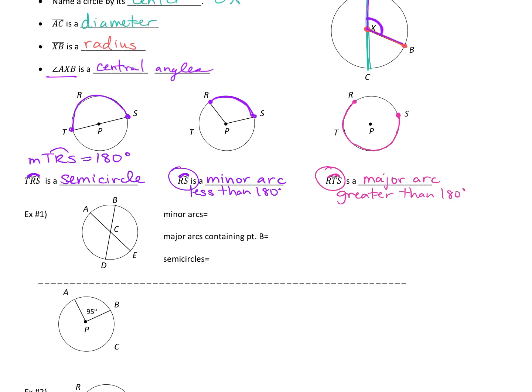The way we often find a major arc is we take the measure of the whole circle, so 360, and we subtract the smaller arc, right? If I subtract this arc, the measure of arc RS from 360, I will get the measure of the rest of that arc, RTS.